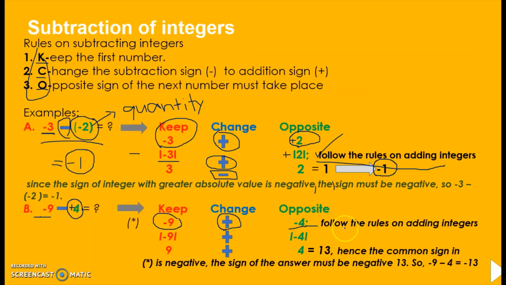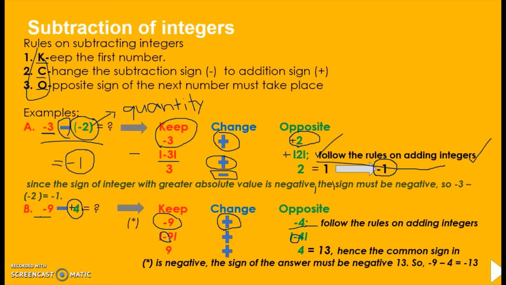So as you can see here, follow the rules of adding integers, just the same as with the previous one. So take the absolute value of negative 9, plus, copy, and the absolute value of negative 4. Take note of this, guys: these two integers have a common sign. They are both negative integers. So that is why rule 1 of adding integers must take place.